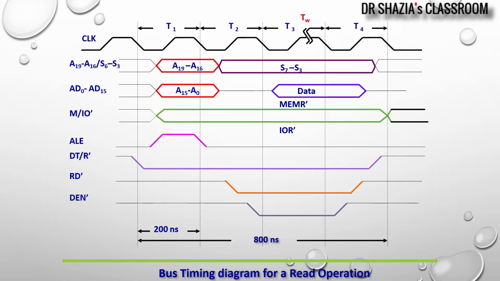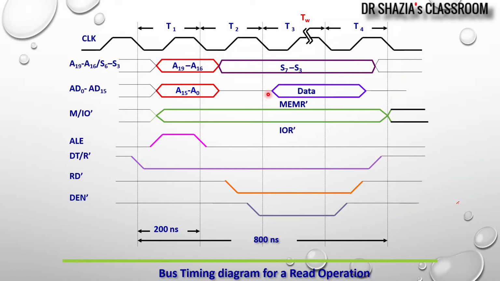So as we discussed, in this case, one memory read operation requires 4 T states, but this may not be the case always. So let us take an instance where, for memory read or IO read, your memory or IO device is slower or faster than the microprocessor which we are using. In most cases, we are going to deal with slower devices. The IO device or the memory which is going to give us data may be a slower device.